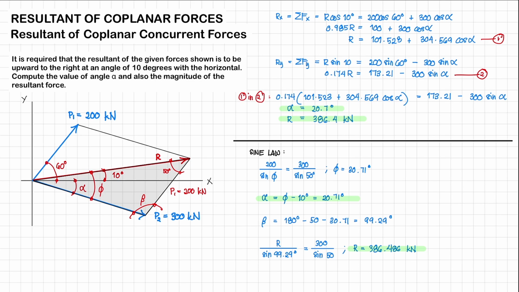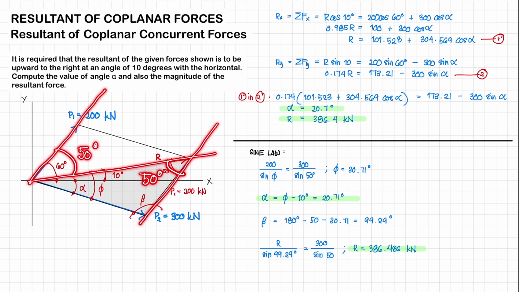So from the given, we know that our P1 is acting 60 degrees from the horizontal, and our resultant force is acting 10 degrees from the horizontal. Therefore, we know that this angle is going to be 50 degrees, and this angle is also going to be 50 degrees.